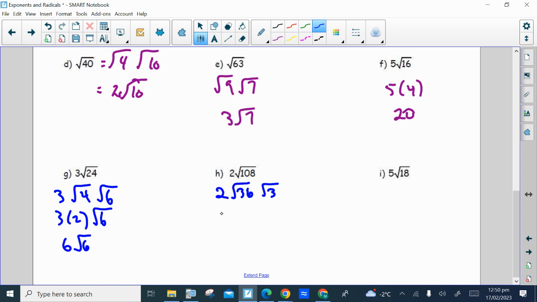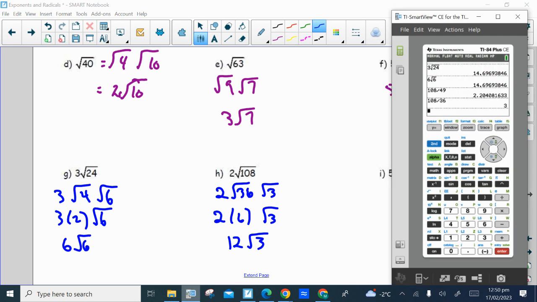And then we'll take the square root of 36 and get 6. And multiplying 2 times 6 gives us 12 root 3. So there's our final simplified answer, which again, we can check on our calculator.